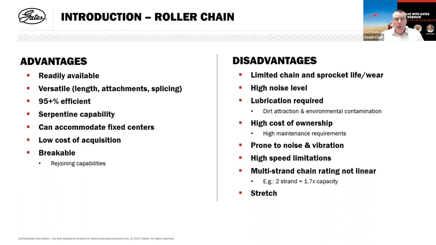So there are a number of advantages with chains, but there, in our opinion, are a number of disadvantages which make them less than ideal and give a belt drive, a synchronous belt drive mainly, a good return on investment when you are looking to replace a chain drive. The disadvantages are that the lifetime compared to a belt drive is limited.